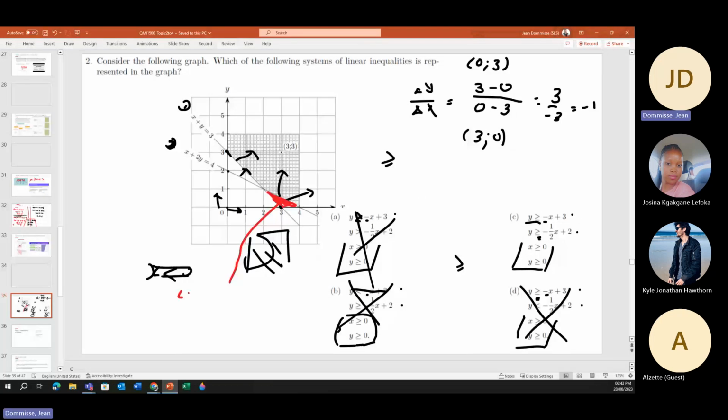But that line, it never crosses that line. So my second one would have then been smaller or equal to minus half x plus 2. So if it was the one in red, the top one would still have been the same, because if I go here, it's still above it, but the second one is below that line that goes through there, so it would have been smaller or equal to.